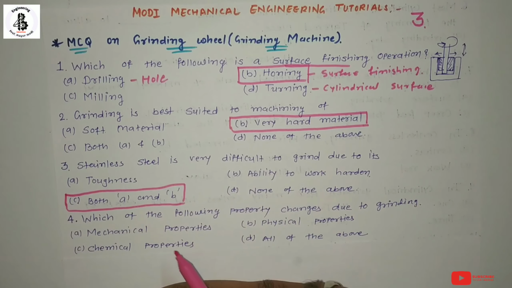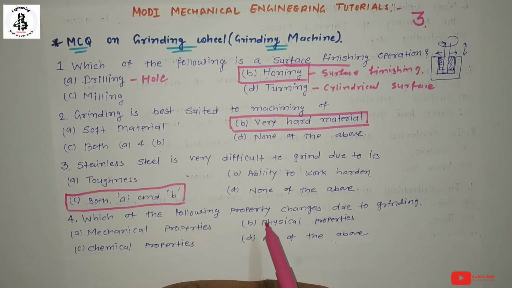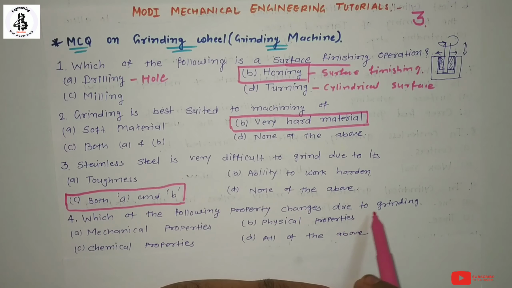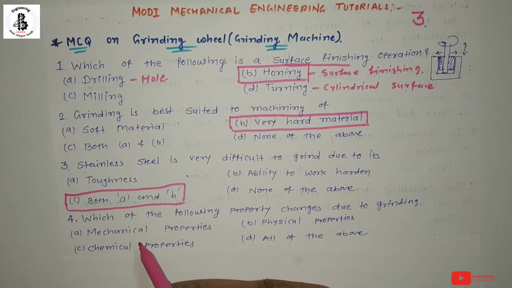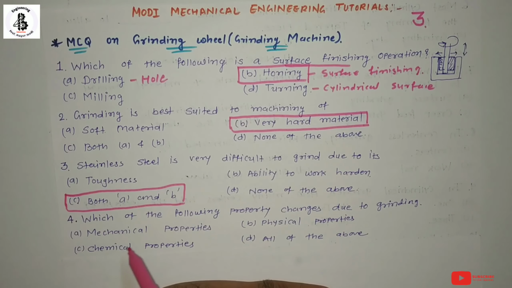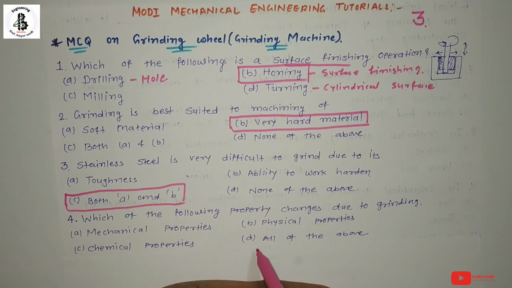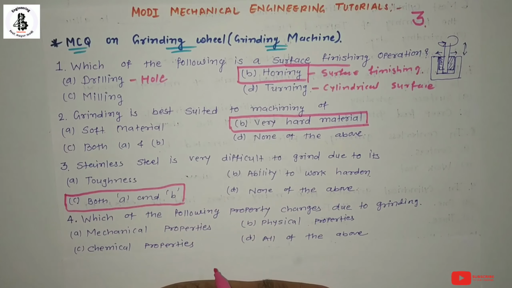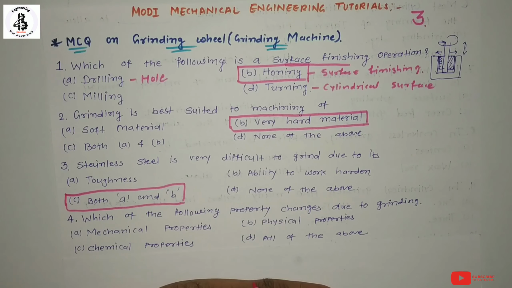The next question. Which of the following properties changes due to grinding? Option A, mechanical properties. Option B, physical properties. Option C, chemical properties. And option D, all of the above. Basically in each and every metal cutting operation, or you can say conventional metal cutting process, the material changes its characteristics, or properties, like mechanical properties, physical properties, as well as chemical properties.